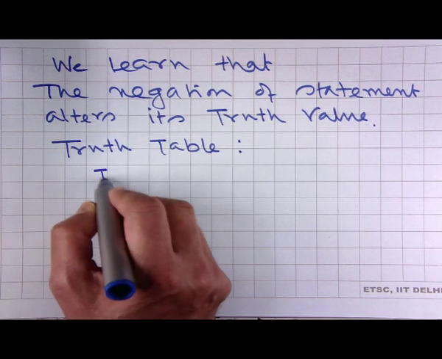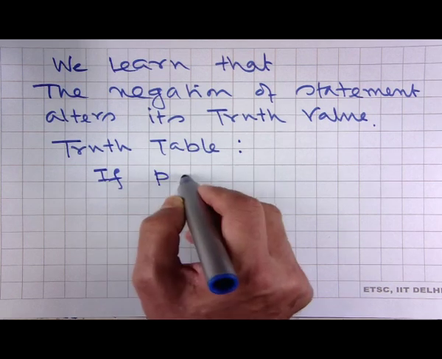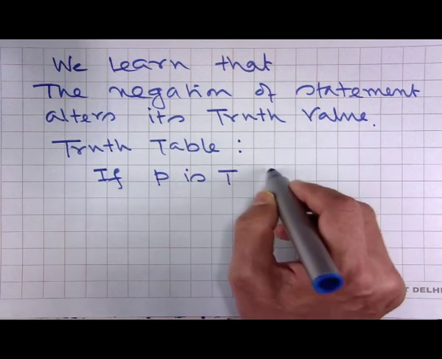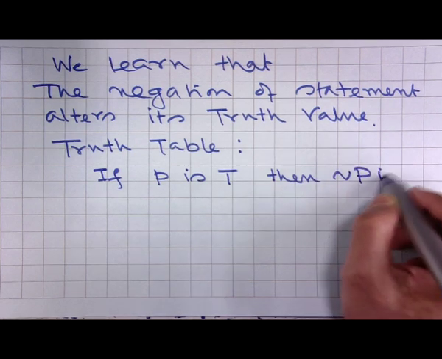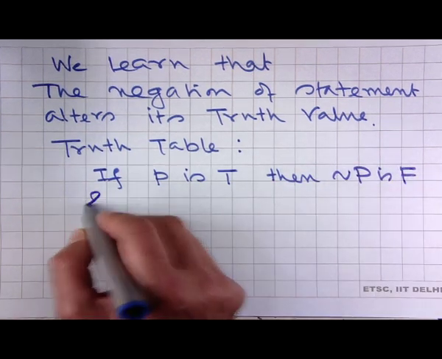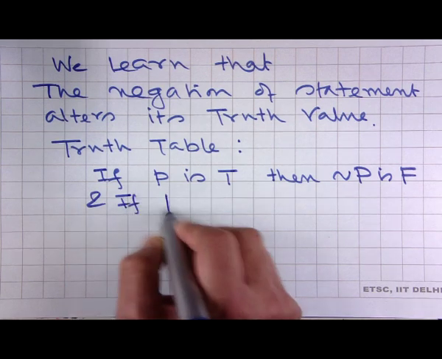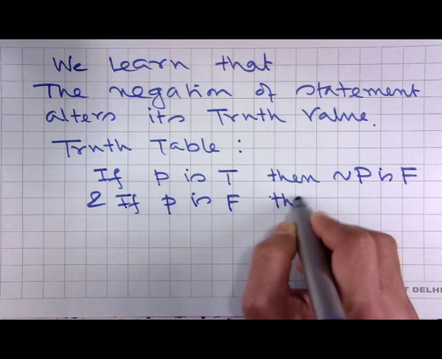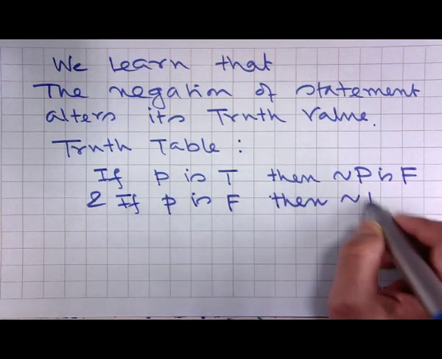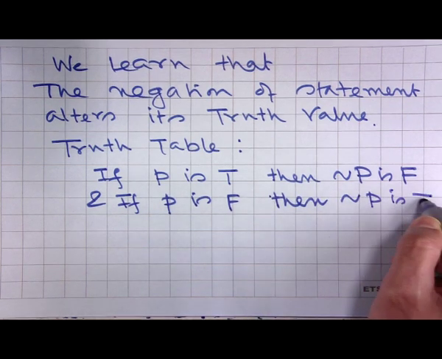If p is true, then not p is false, and if p is false, then not p is true.